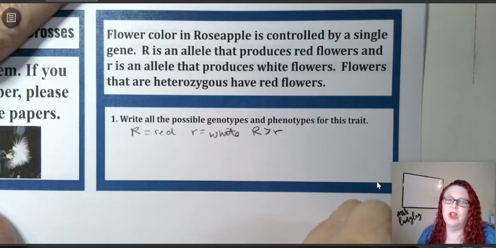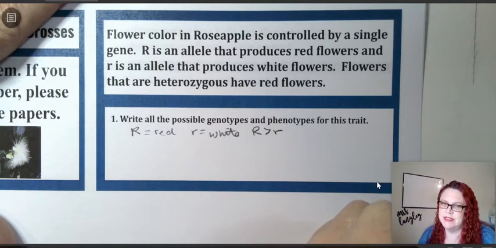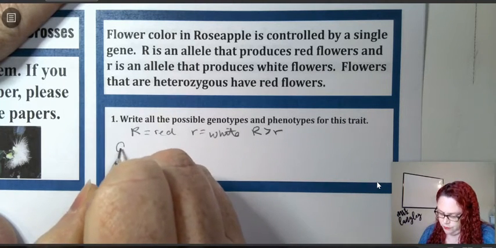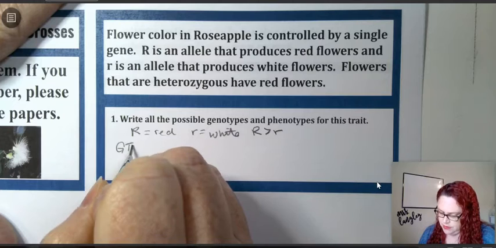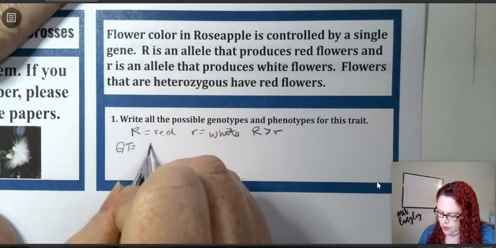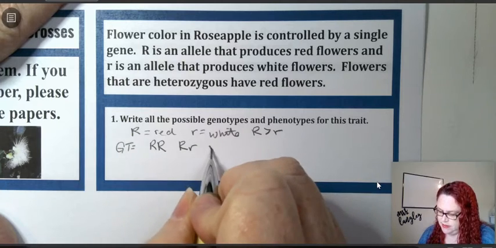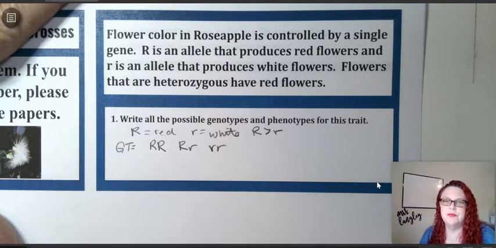So what are all of the possible genotypes that can be made for this? So for our genotypes, remember that we get one gene from mom and one gene from dad. So there's 2 letters. So we have to see what combinations we can make. So for our genotypes, we have homozygous dominant, heterozygous, and homozygous recessive.